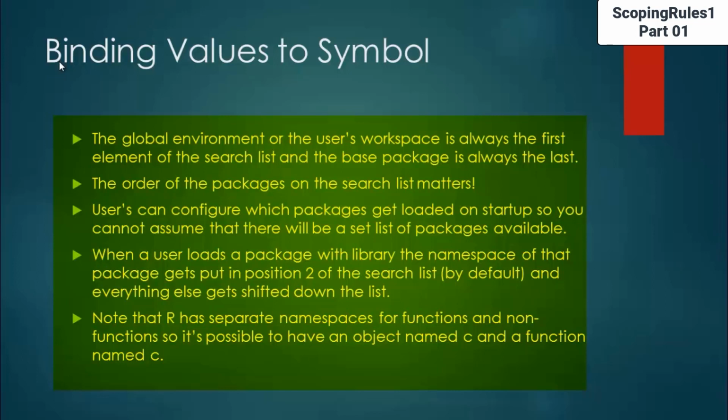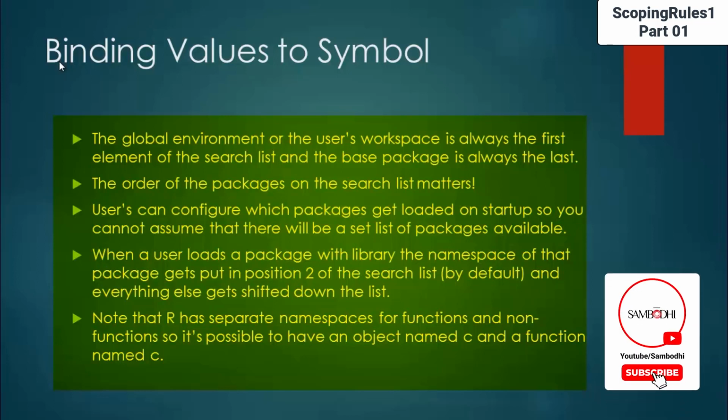When a user loads a package with library, the namespace of that package gets put in position 2 of the search list by default, right after the global environment, and everything else gets shifted down the list.